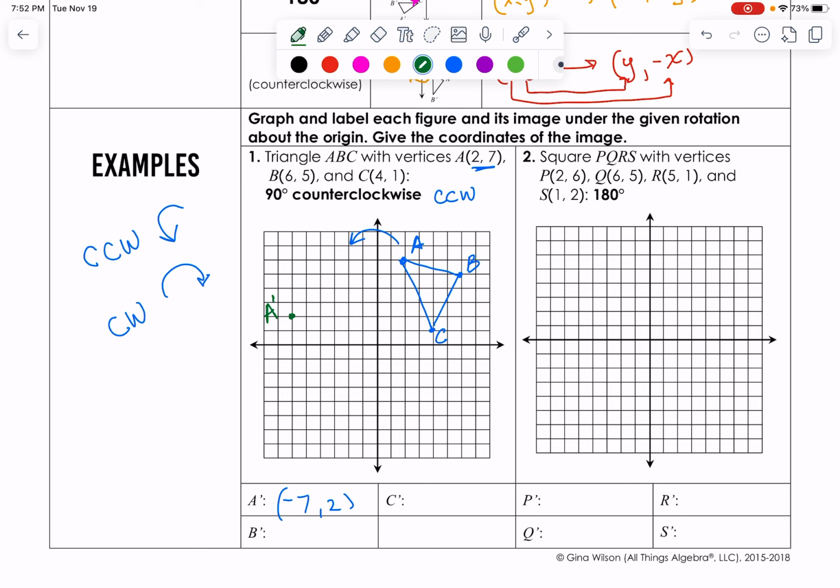B was 6, 5, so it should be negative 5, 6. That should be B prime. And C is 4, 1, so that should be negative 1, 4.